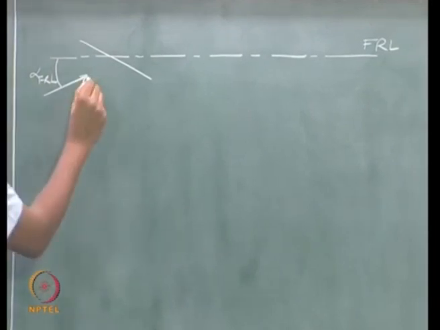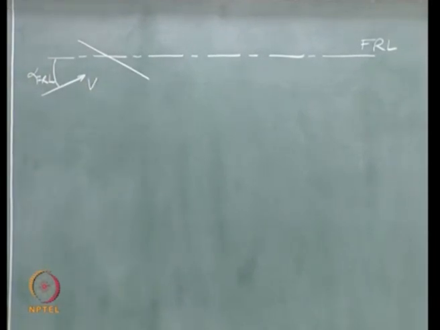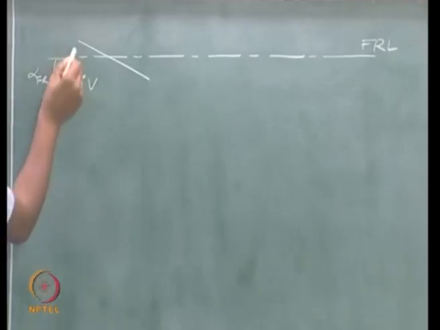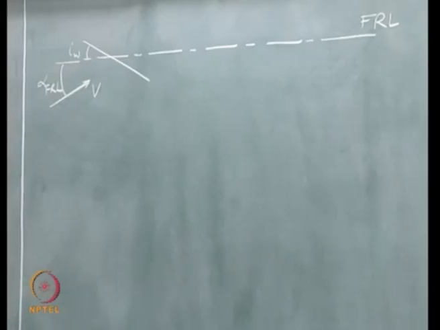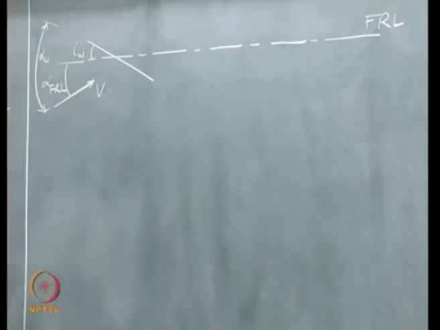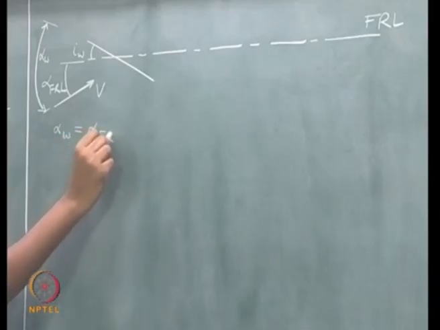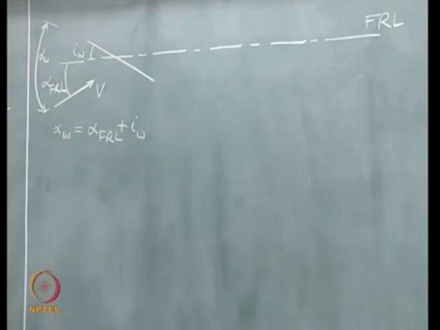So this is your V, relative wind, and this wing is at some incidence angle IW with respect to the fuselage reference line. So total angle of attack at the wing is alpha W, right.